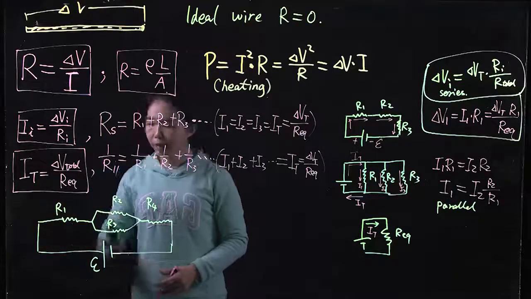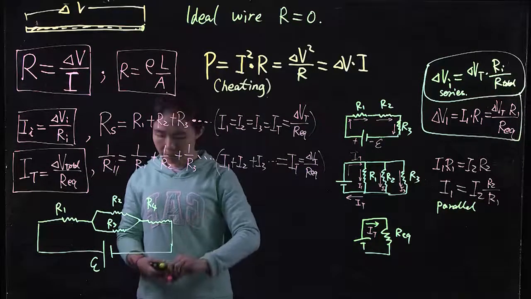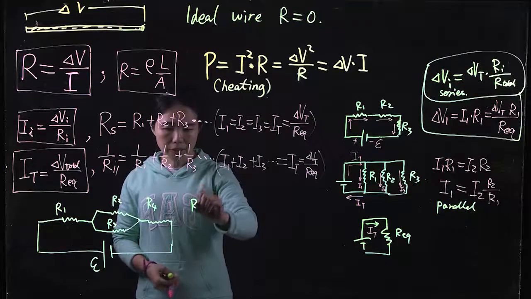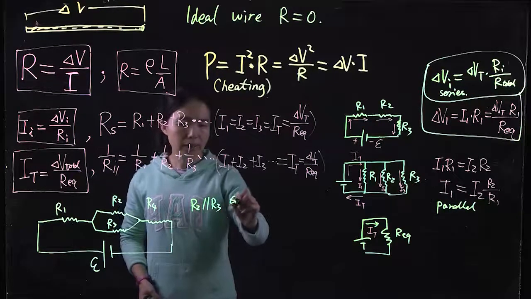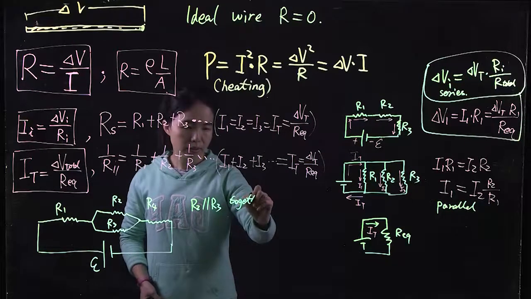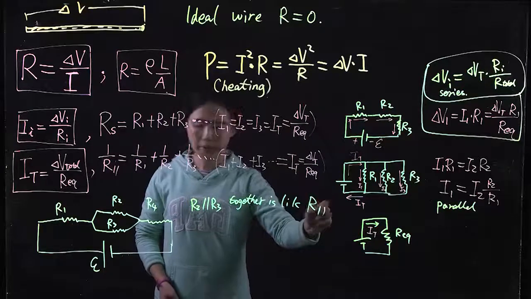So if we have R1, R2, R3, R4 of them, R2 and R3 are in parallel together. It's like R parallel, okay?